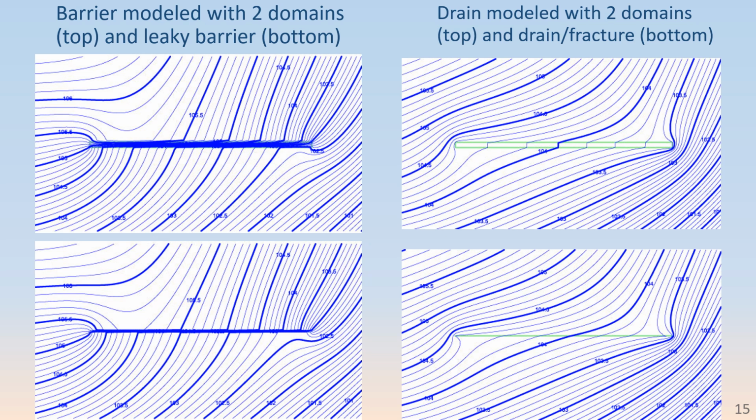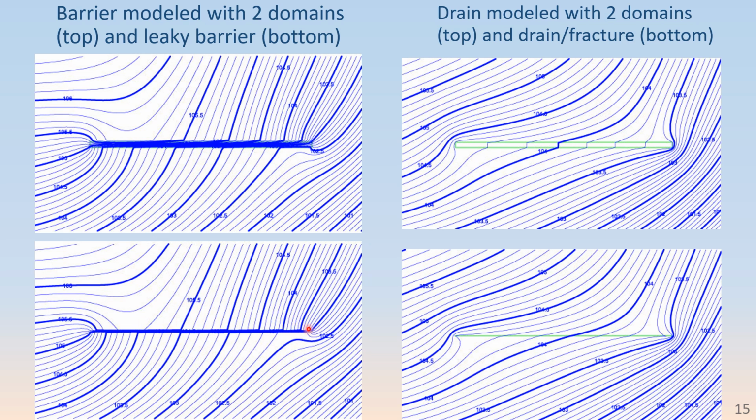Another kind of check that I did in a few cases was using Anaqsim in two different ways to model roughly the same thing. This is a barrier that is modeled with a skinny separate domain that has low conductivity right here. It's a rectangle. And below it is the equivalent thing modeled with a barrier, leaky barrier element that has no width.